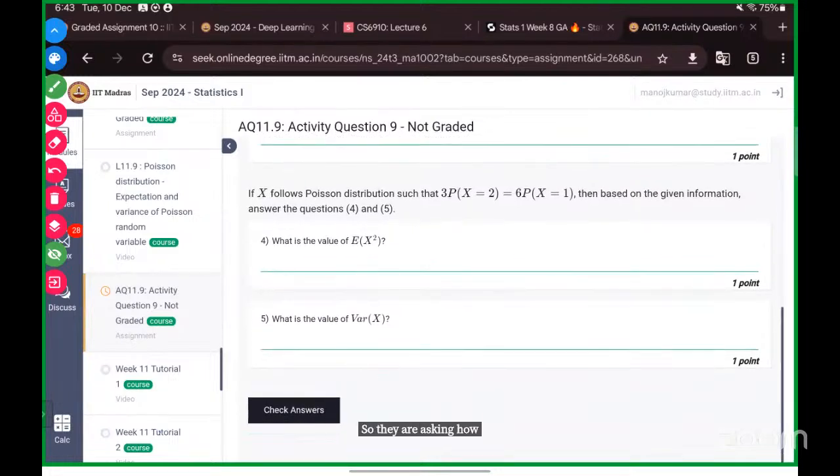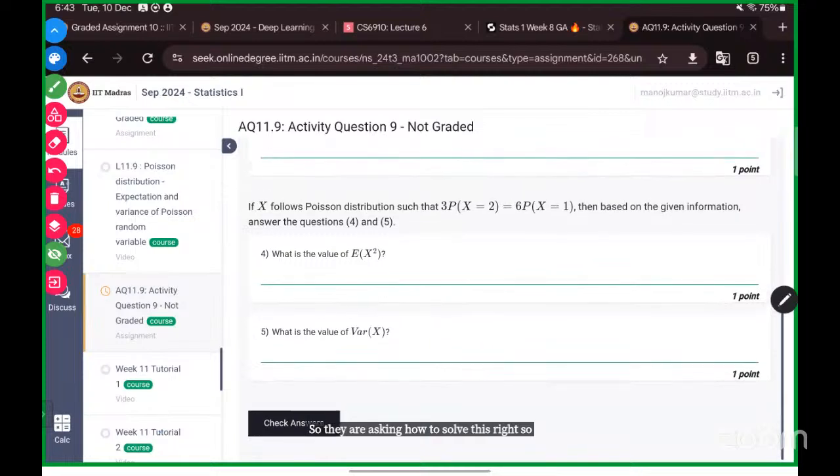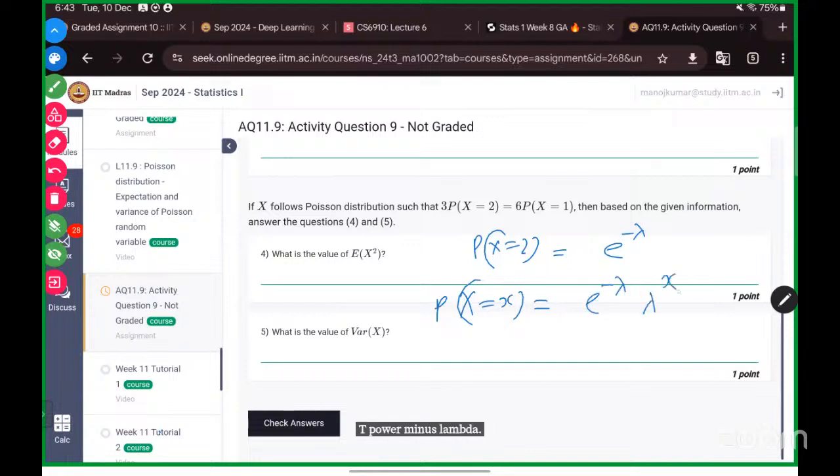First you can find what is P of X equal to 2 for Poisson. The formula is e power minus lambda, lambda power x, divided by x factorial. They are asking for x equal to 2, that is e power minus lambda, lambda power 2, divided by 2 factorial. The same way you can do it for x equal to 1.